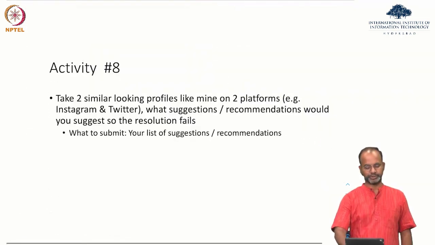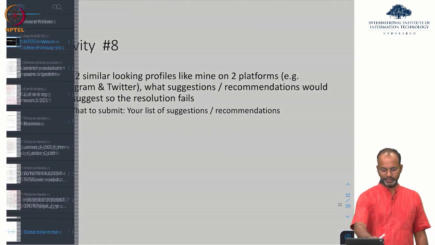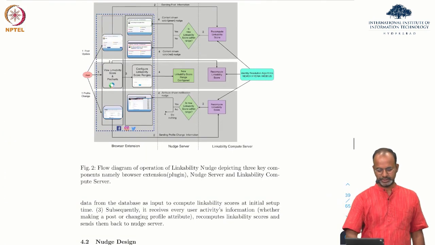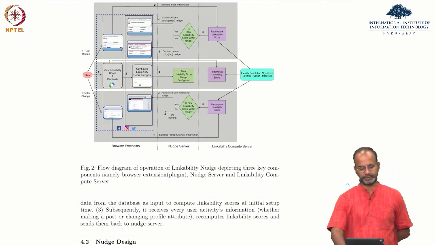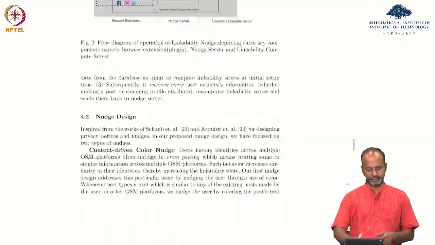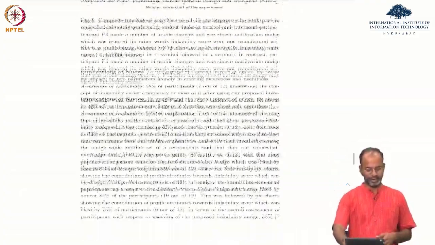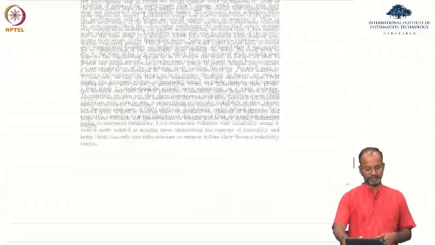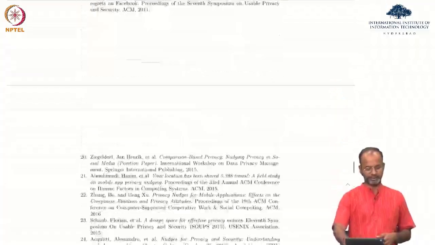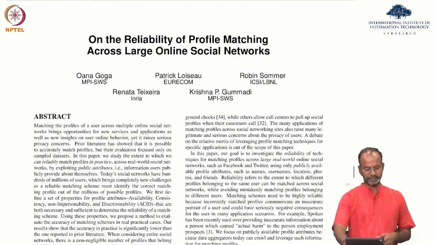This paper I already showed you. Let me go through the papers again before we finish. So this is the architecture that I already showed you in detail. This paper walks you through more details about every image that I showed you, walking through the different parts of the linkability.